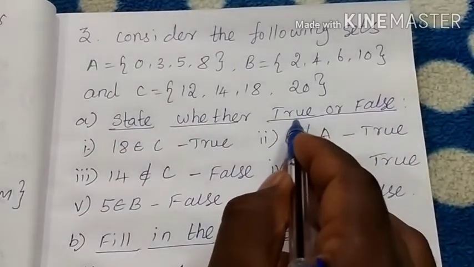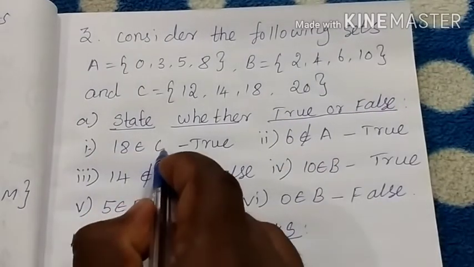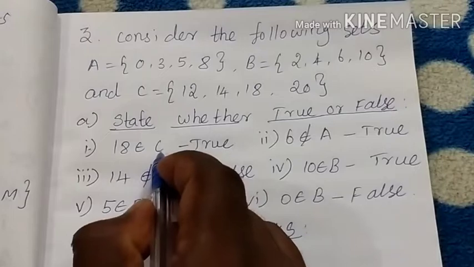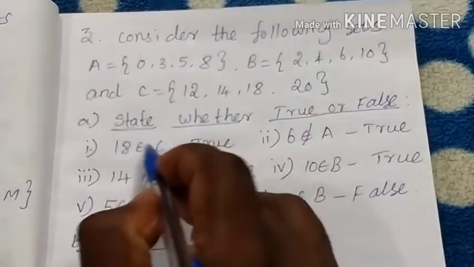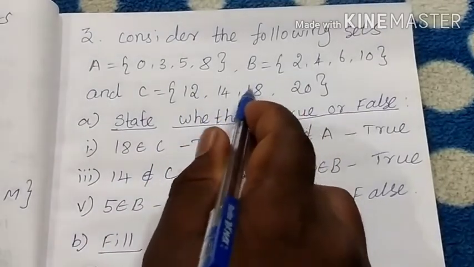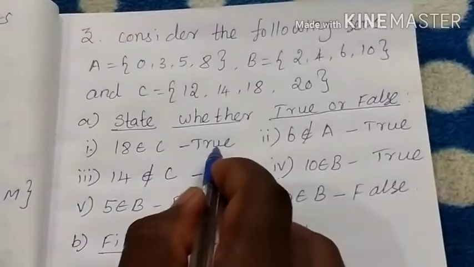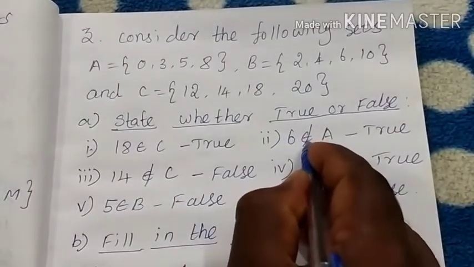The first question is 18 belongs to C. Now refer to the set C. Does 18 belong to C? Yes, 18 belongs to C. So it is true.